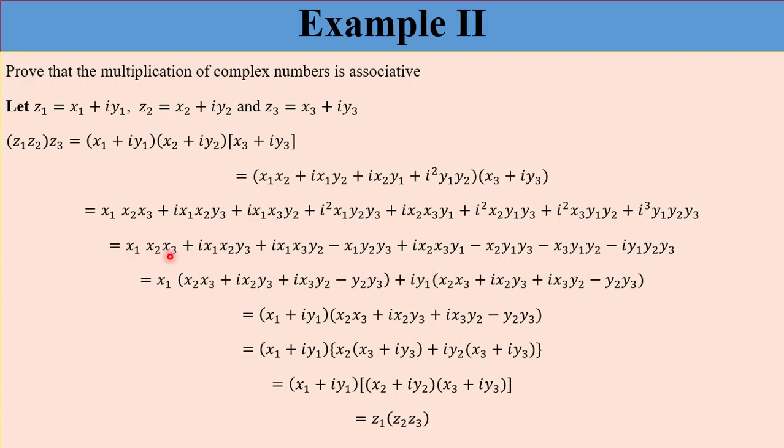x1 x2 x3 plus ix1 x2 y3 plus ix1 x3 y2 minus, since i squared is a minus, x1 y2 y3 plus ix2 x3 y1 minus x2 y1 y3 minus x3 y1 y2 minus i y1 y2 y3, since i power 3 is a negative i.